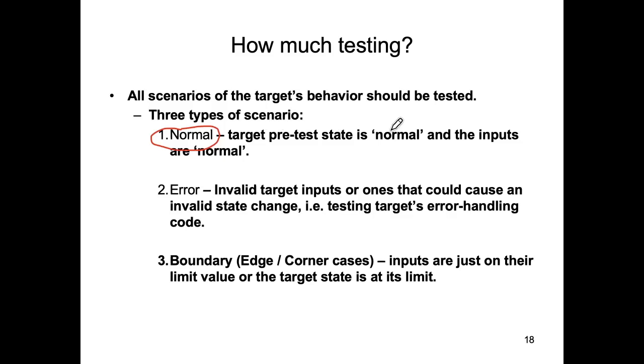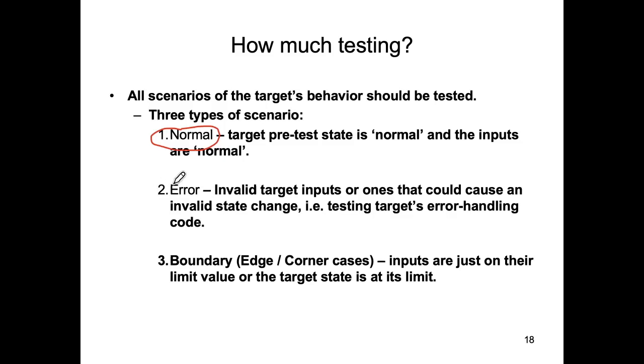I guess that would mean that our array of products has some product objects in it, and that the parameters to the target method are normal. They're just regular values. Now, everybody is kind of going to get that right. Everybody tends to do their normal testing or write normal test cases. They do that well. So let's just move on to scenario number 2.